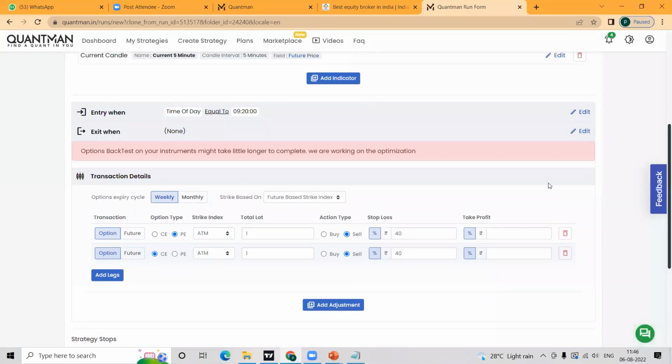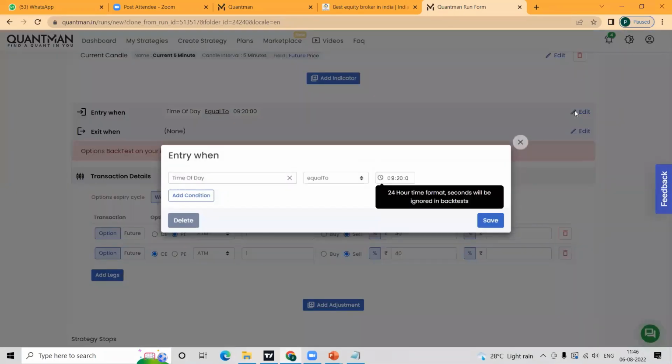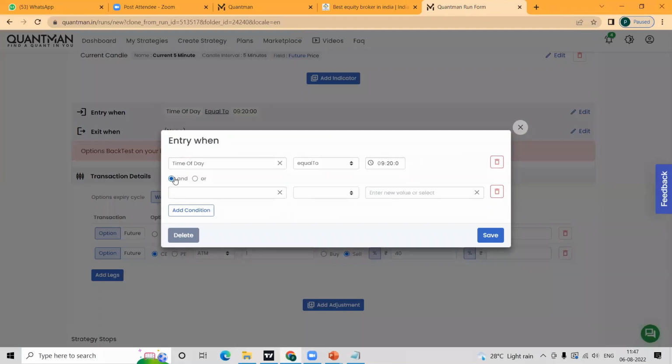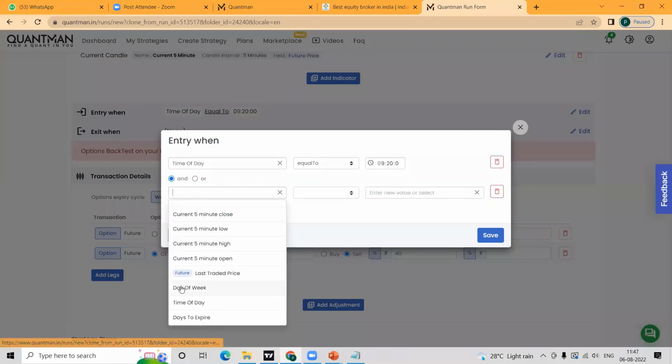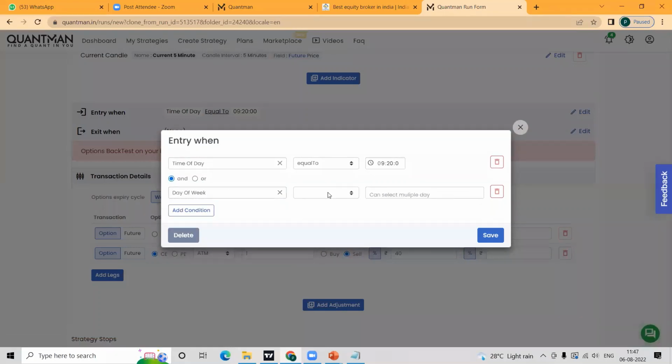For positional, time of the day equals 9:20. I said so because for a lot of strategies, theta decay accelerates faster from Tuesdays to Thursdays. So you can add conditions, time of the day, and you can give day of the week contains Wednesday and Thursday.